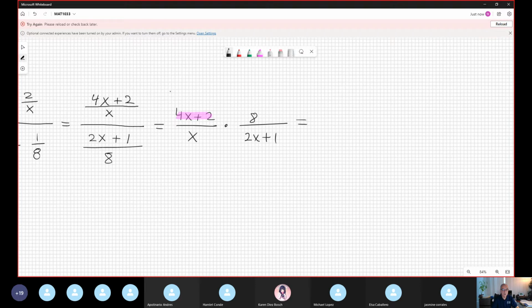Let's factor out 2 to say 2 times 2x plus 1. The greatest common factor between 4x and 2 is obviously 2. Now I see that the factor x plus 2 cancels out, and only 2, 8, and x stay alive.